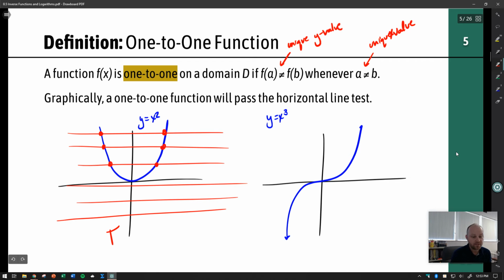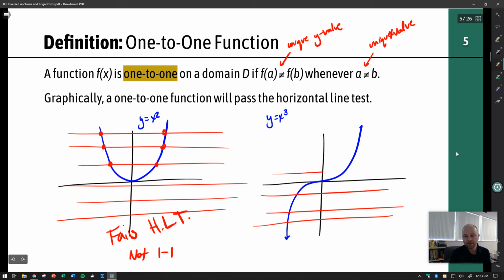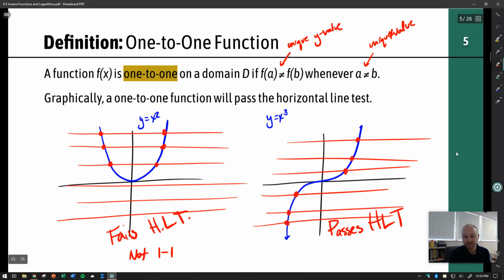So this one fails the horizontal line test, and it is not one-to-one. But for x cubed, every horizontal line we pass through only touches the function at one point, and this one passes the horizontal line test, and it is one-to-one.